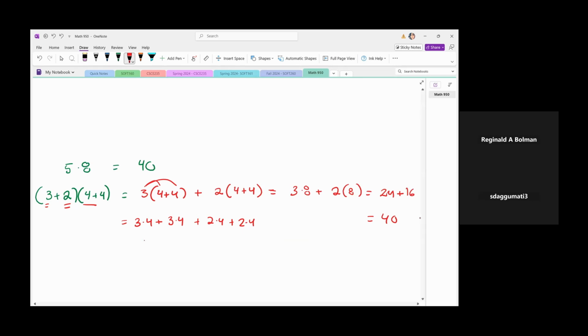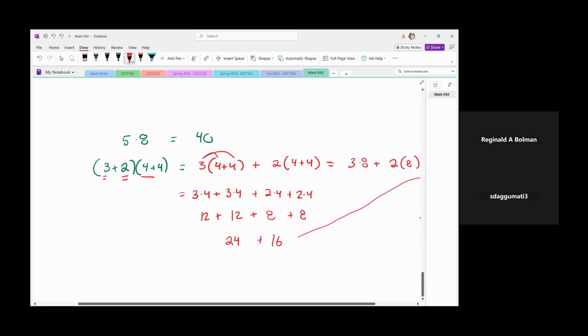So 3 times 4 is 12, 3 times 4 is 12, 2 times 4 is 8, 2 times 4 is 8. 8 plus 8 gives you 16, 12 plus 12 gives you 24. And voila, you're exactly where you were over here.